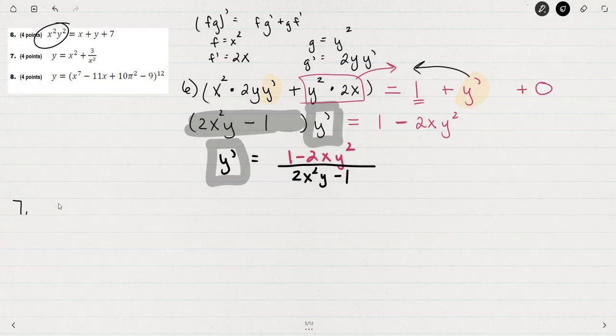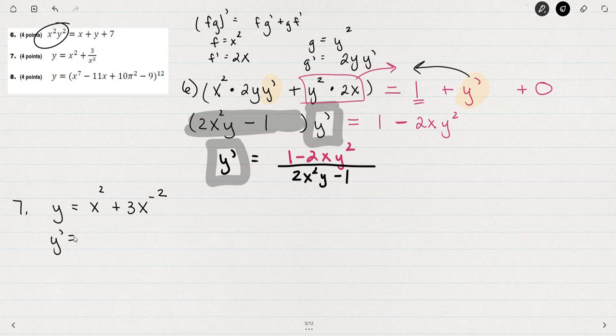The easiest way to approach number 7 is to rewrite it so I can apply the power rule. You could use the quotient rule, but I think you'll find it much easier to write that 3 over x squared as 3 times x to the negative 2.